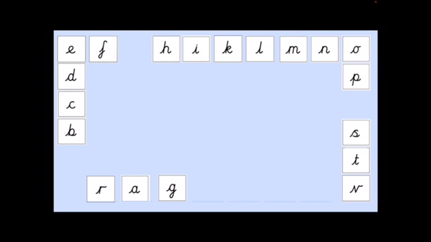So if I had more than one rag, which suffix would I need? Yep, suffix S. I'm going to put that away now that we've written the word rags. And think about it.